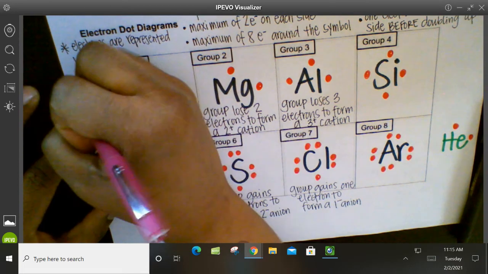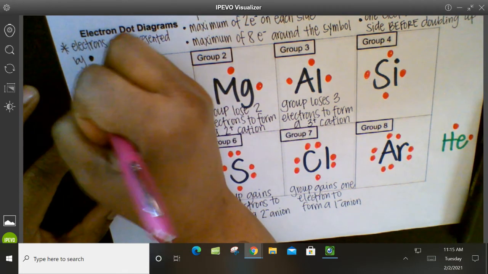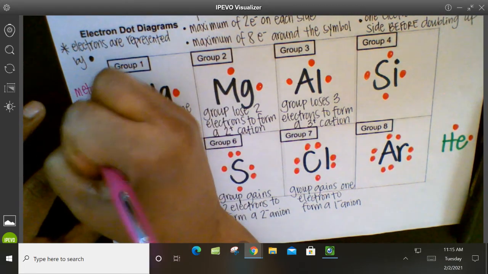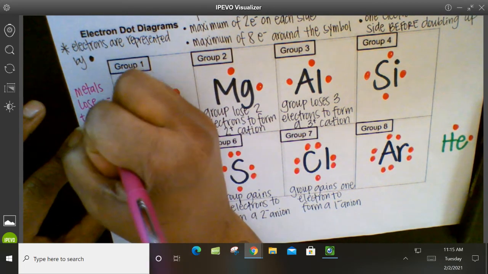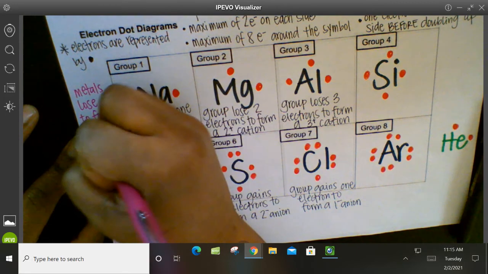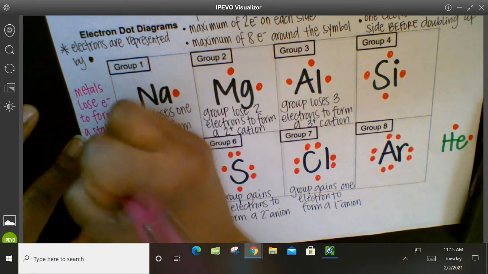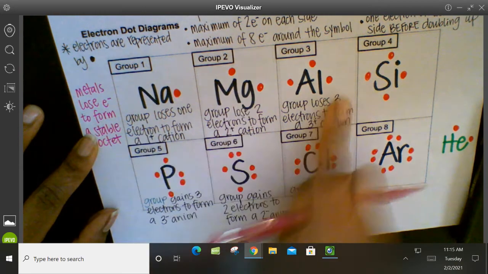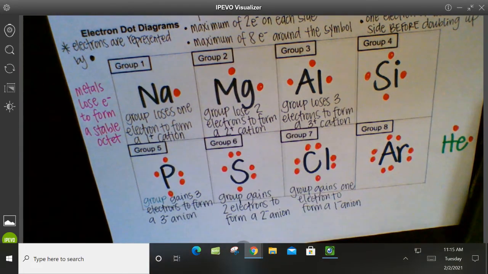So metals lose electrons to form a stable octet. So when they lose this 1, 2, or 3 electrons, the electrons that are in the level above it, you have 8 of them, and they're considered stable.